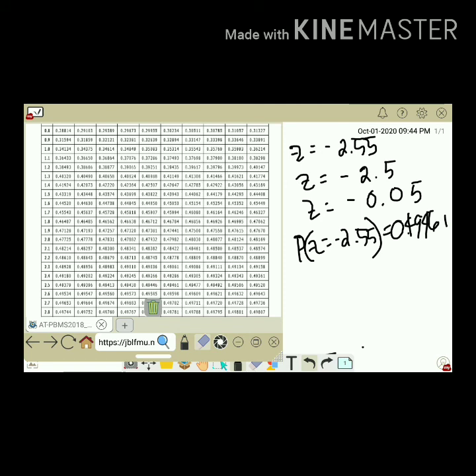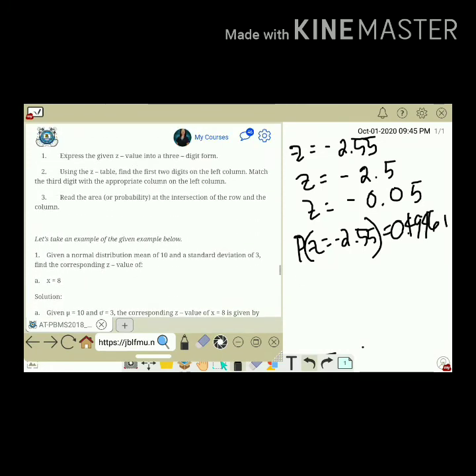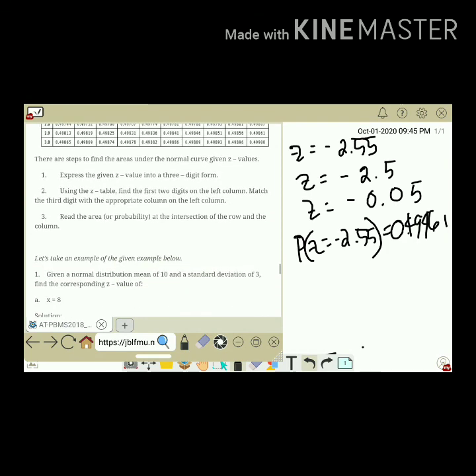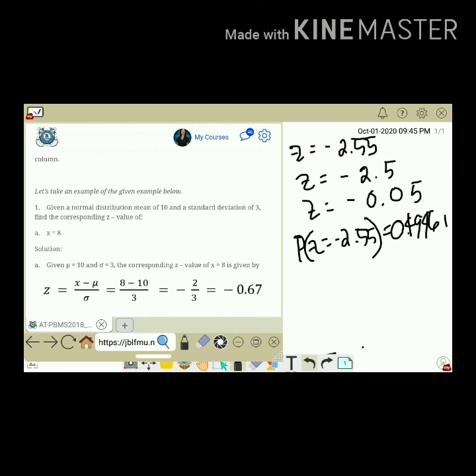Okay, the next question would be, how would we be able to graph that one? Class, again, this one is based on your z table or based on your mean. So if we were going to graph this one, we will use the values. Okay, this one is clear already, how to get the area using your z table. Now that's for the mean, class.